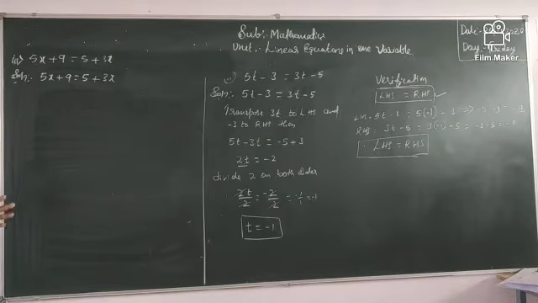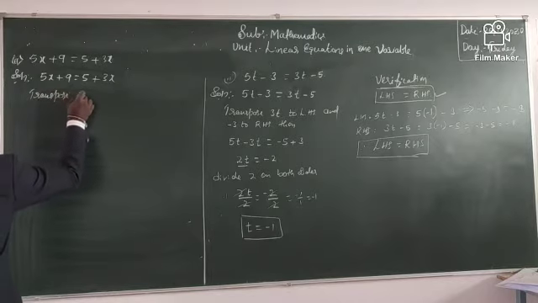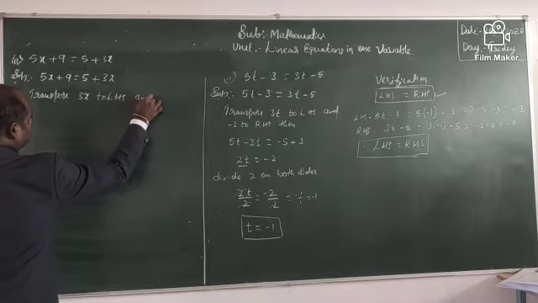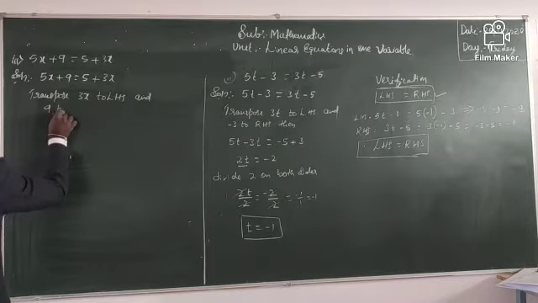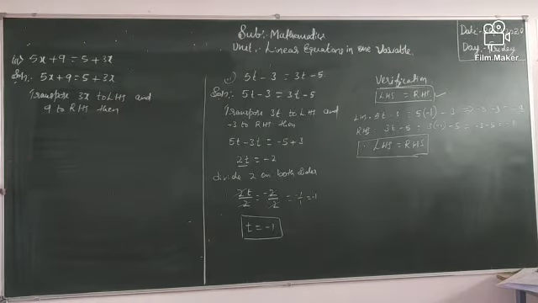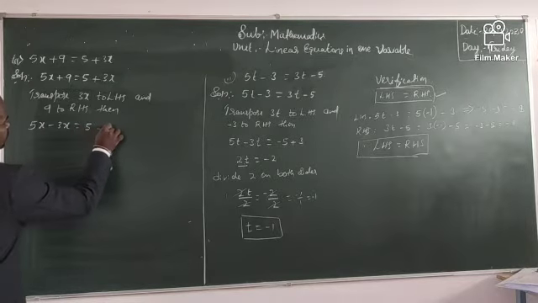Here, what is the first step? First step is variables and variables separate, right? And constants to constants separately, right? Say first, transpose. What do we have to transpose? 3x to LHS and 9 to RHS. Then the equation becomes 5x minus 3x equal to 5 minus 9.